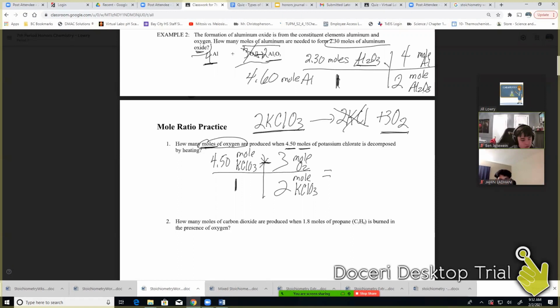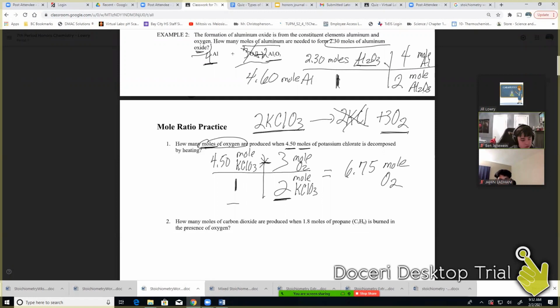This is where I'm multiplying. 4.50 times 3. And I got 13.5, and then I come back and divide by what's on the bottom. In this case, it is 2. And we said 3 sig figs, so 6.75 moles of oxygen. And that would be my answer on that one.